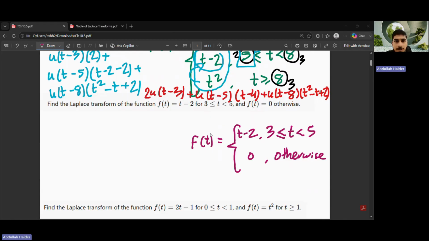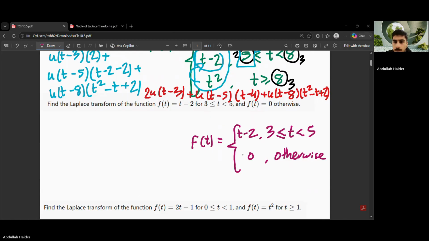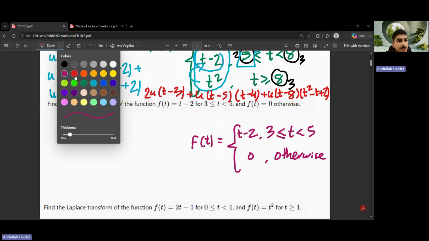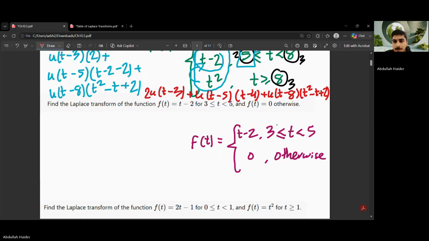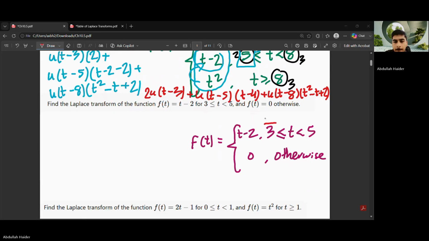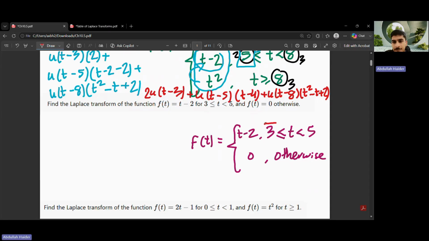So one thing you need to know is, you have this interval 3 and you have this 5. So basically this is your a equals 3, a equals 5.